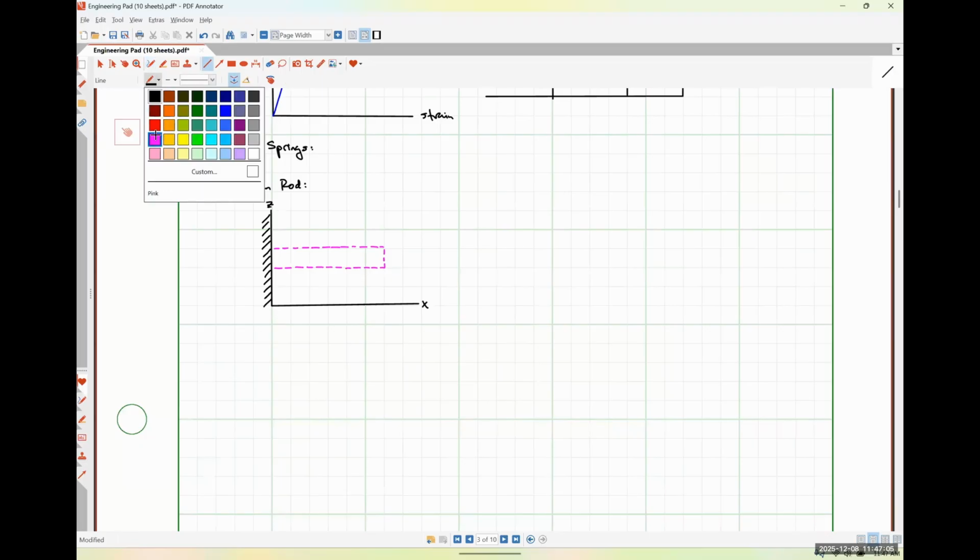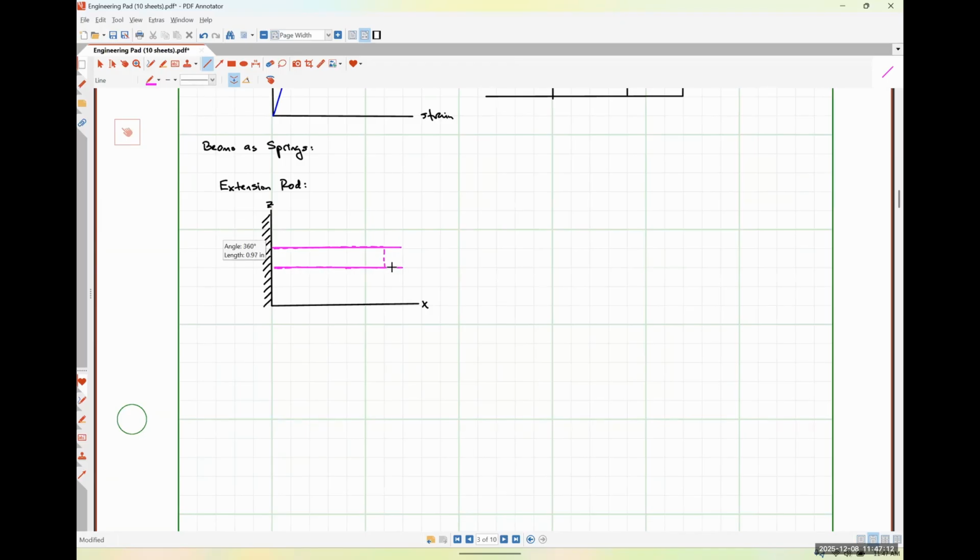So after I apply my force, it should look something like this, where I'm kind of fudging the fact that it's also going to get skinnier just to make this easier to illustrate, right?